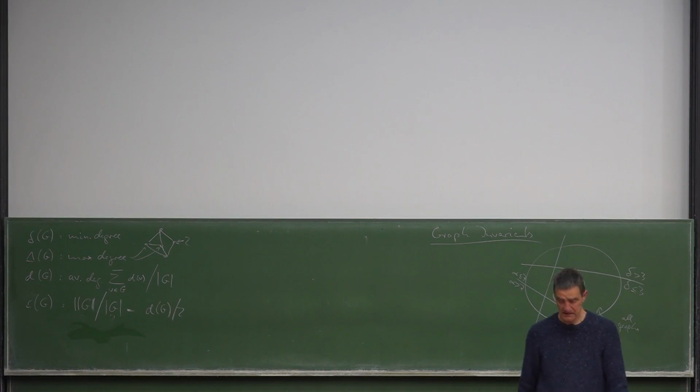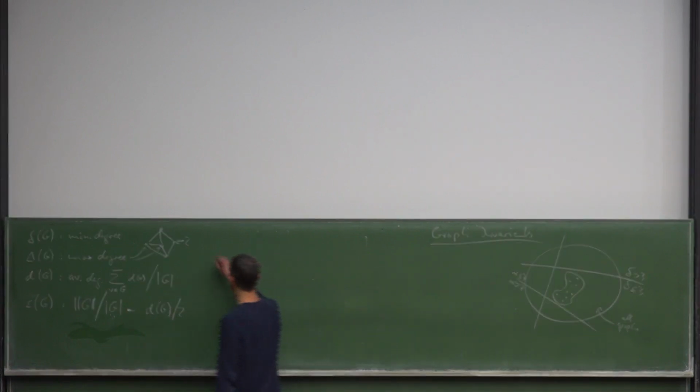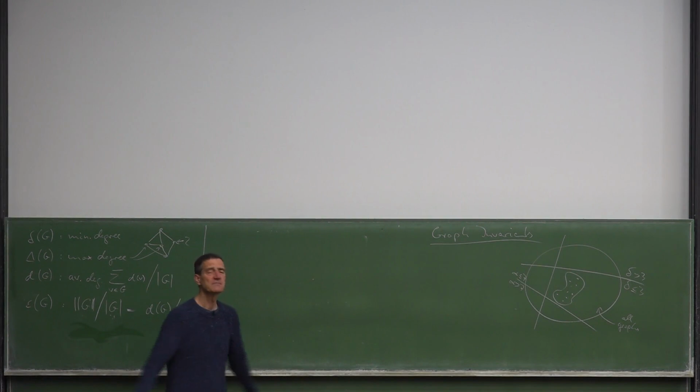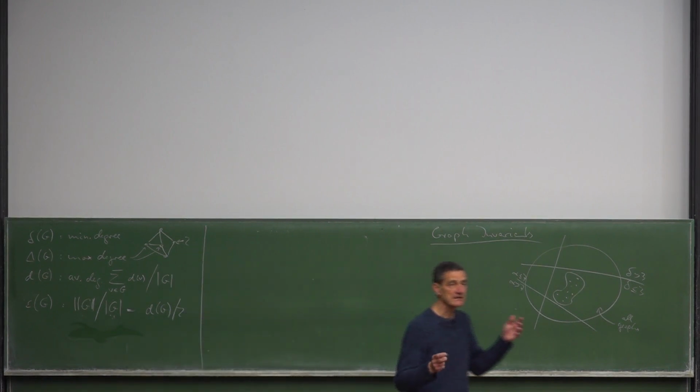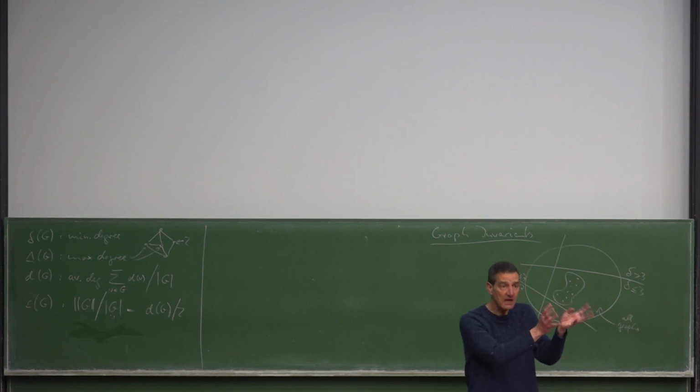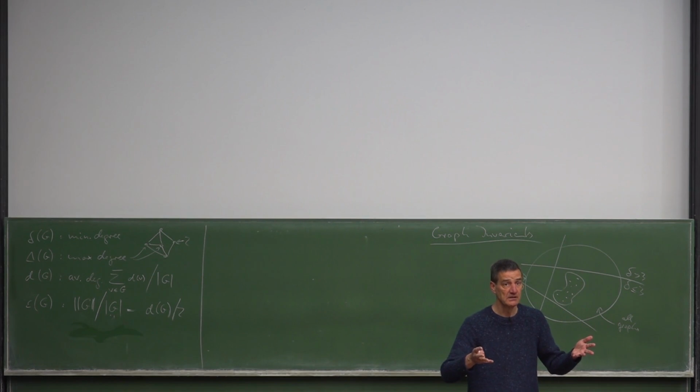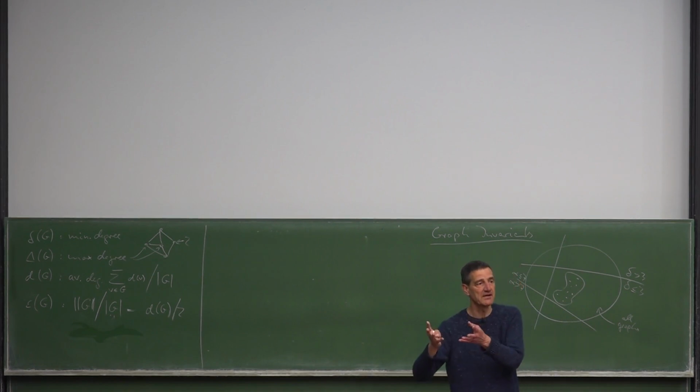And let's set to work and see how some of these invariants are related. So what I mean by related, I mean things like, can we force one invariant to be large or small, assuming they're both numerical invariants, by doing something about the other invariant?